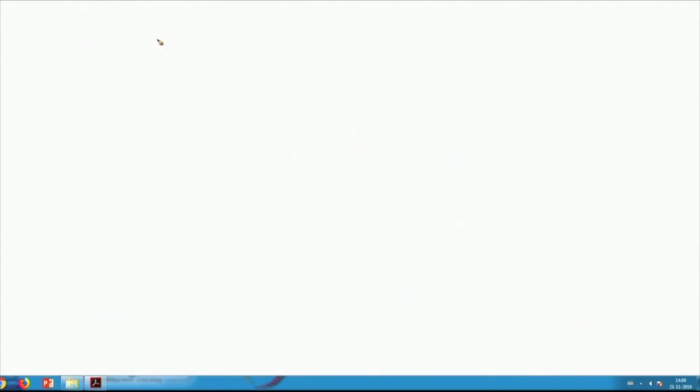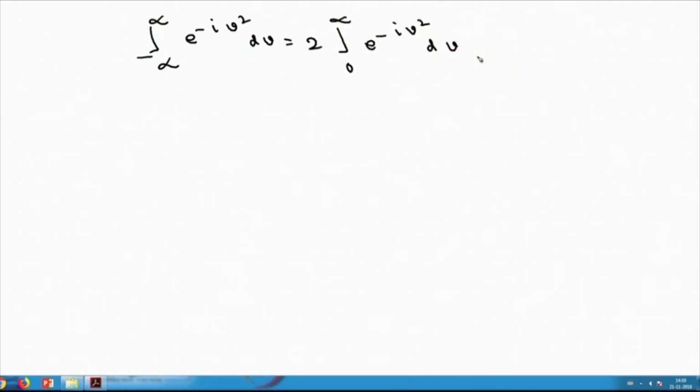For this one, I start with the integral from minus infinity to infinity of e power minus i v square dv. Since it is even, I can write it as 2 times the integral from 0 to infinity of e power minus i v square dv.